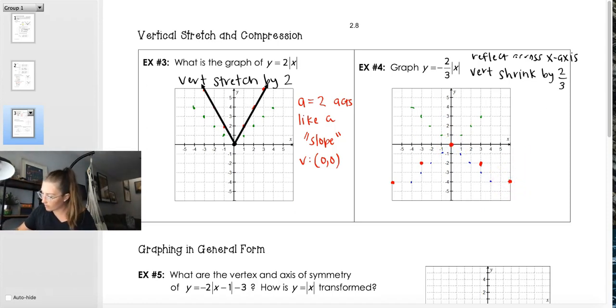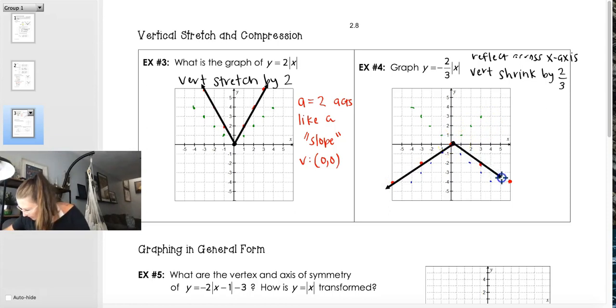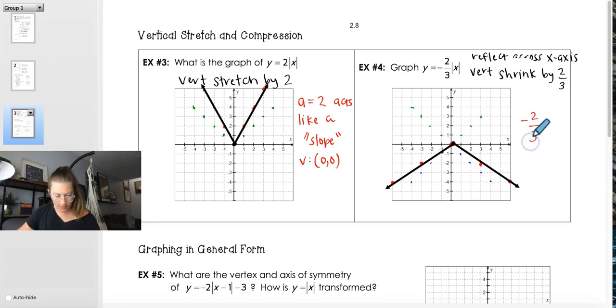Let's go ahead and connect those. So it would be there and there. Let's confirm this with the slope idea. We did negative 2/3, right?